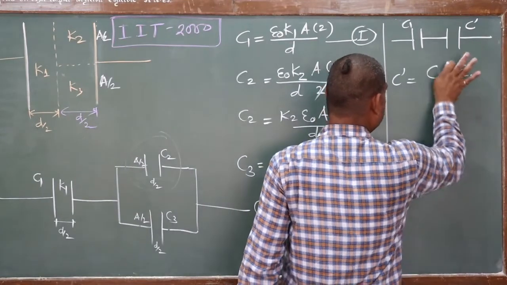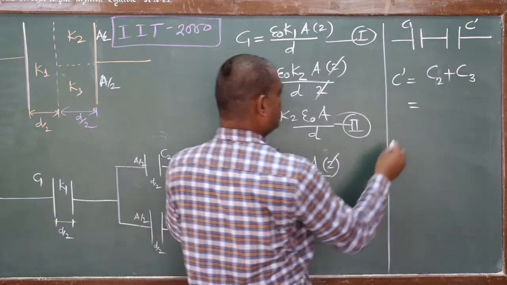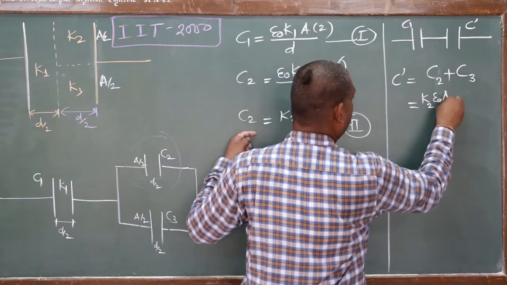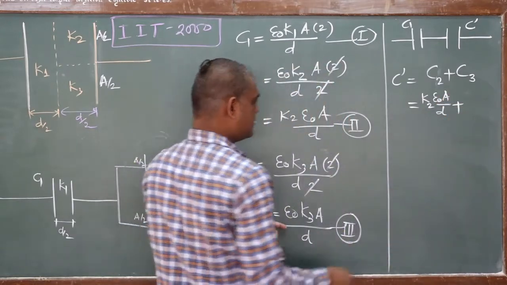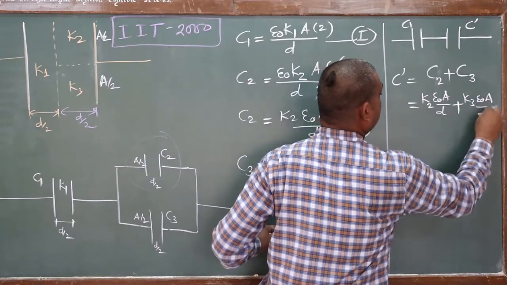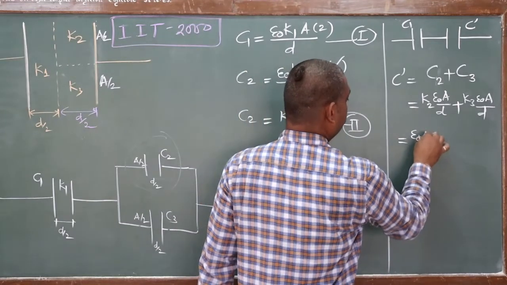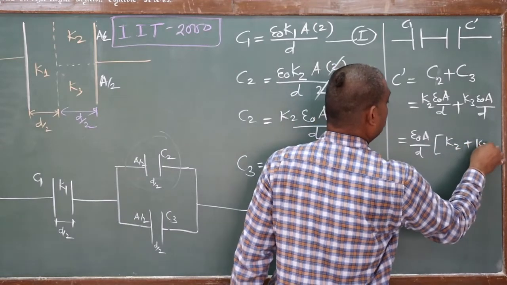What is the formula for parallel? C2 plus C3. What is C2? That is K2 epsilon 0 A by D plus, what is this? That is K3 epsilon 0 A by D. So taking outside epsilon 0 A by D, you will get K2 plus K3.